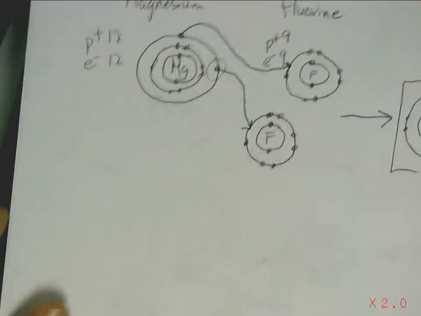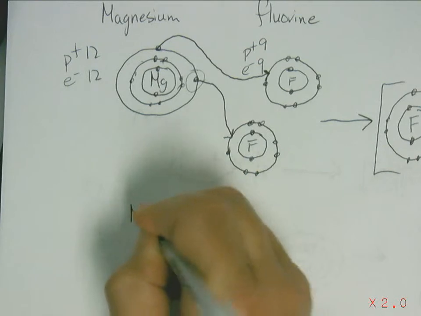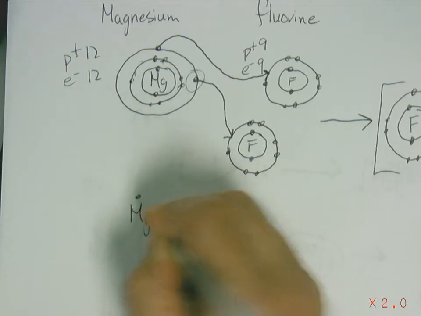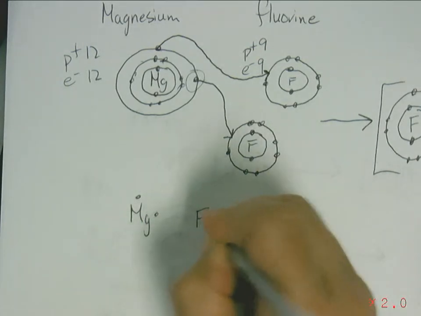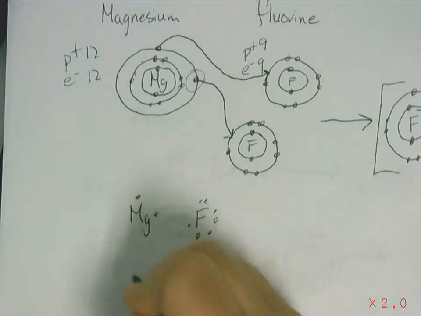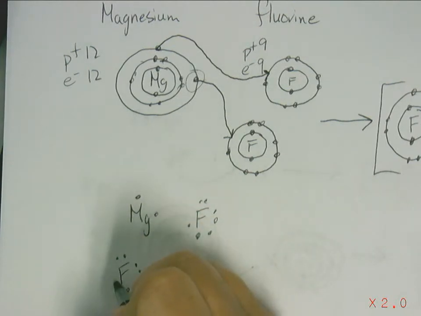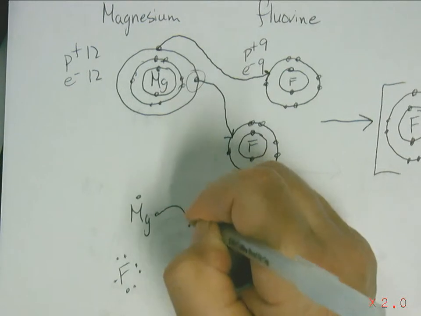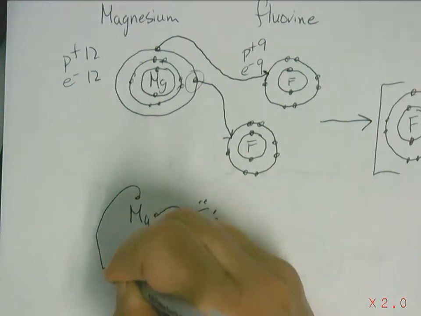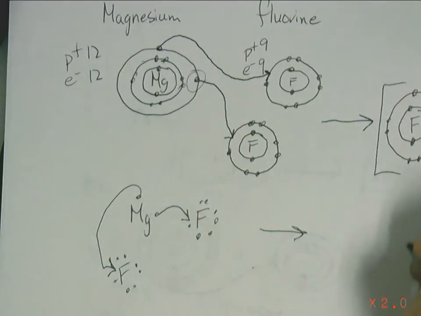And similarly, we'll do the Lewis diagrams for that, just because they're easier. So there's the magnesium atom, and there's one fluorine atom, and there's another fluorine atom. I think I called that an ion, and it's not, it's an atom. And so one electron can go there, and the other electron will go there, transferred, and it will produce.